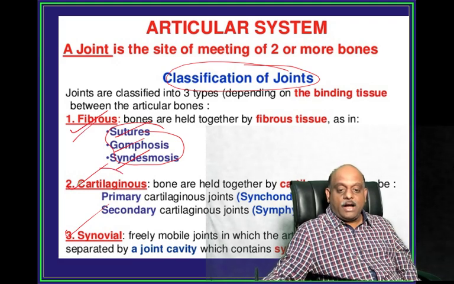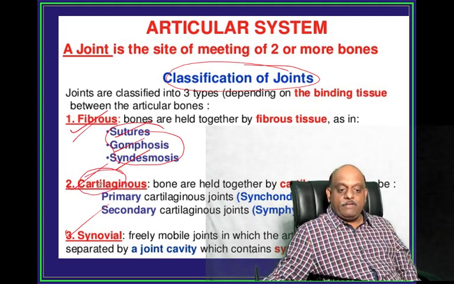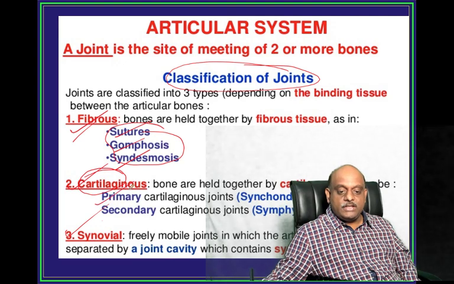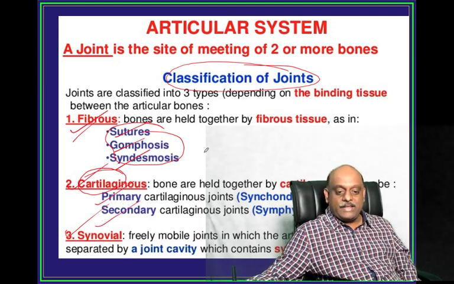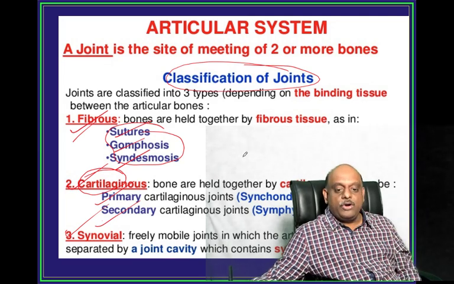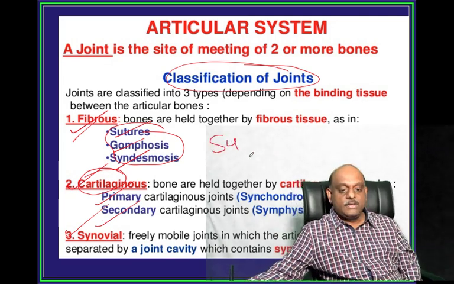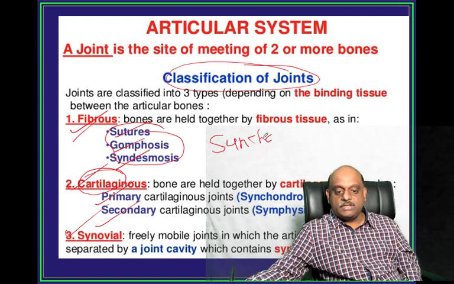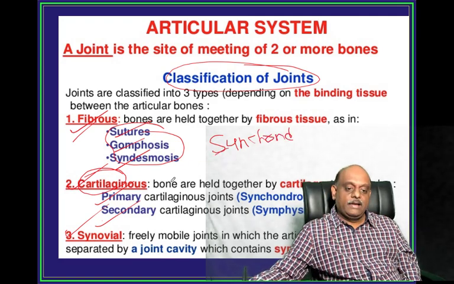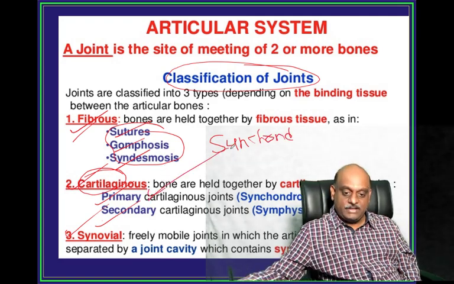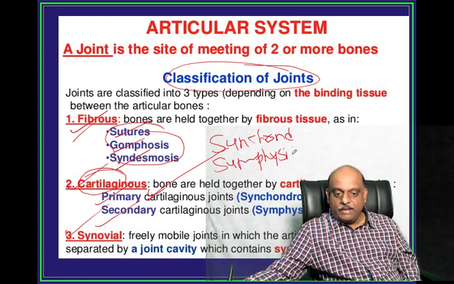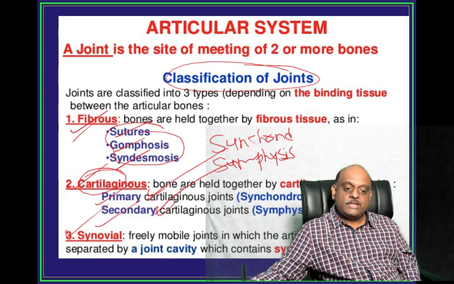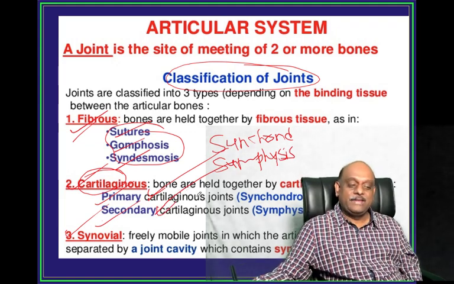Then in cartilaginous joints you have a primary cartilaginous joint and a secondary cartilaginous joint. Primary is called synchondrosis. Synchondrosis is the primary cartilaginous joint, whereas symphysis is basically called the secondary cartilaginous joint.